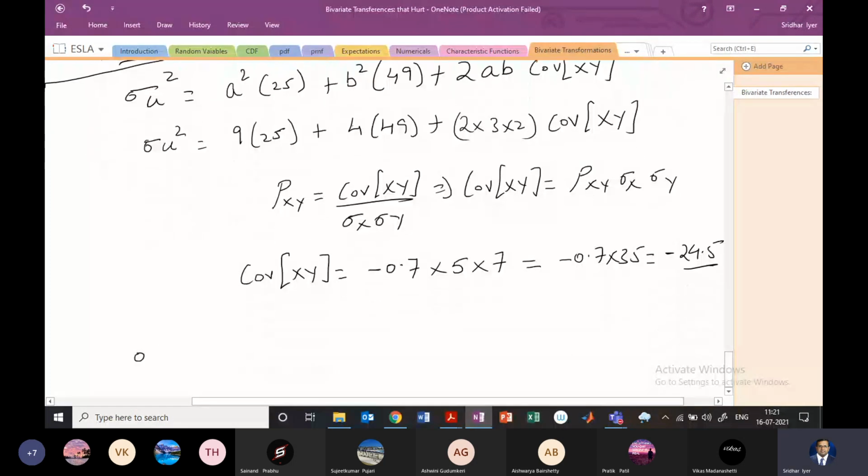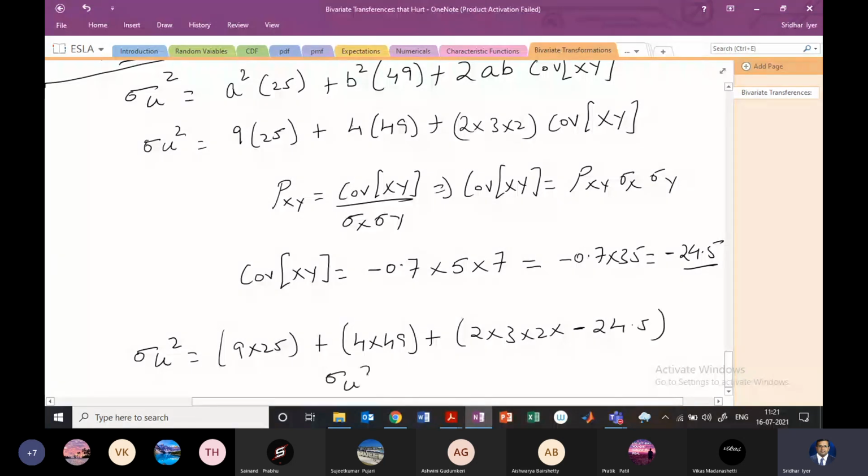So therefore sigma u square is 9 into 25 plus 4 into 49 plus 2 into 3 into 2 into negative 24.5. So you can do the calculation and let me know what answer you get.